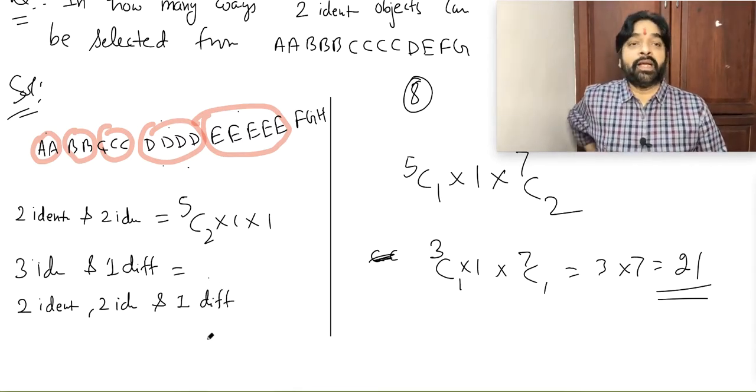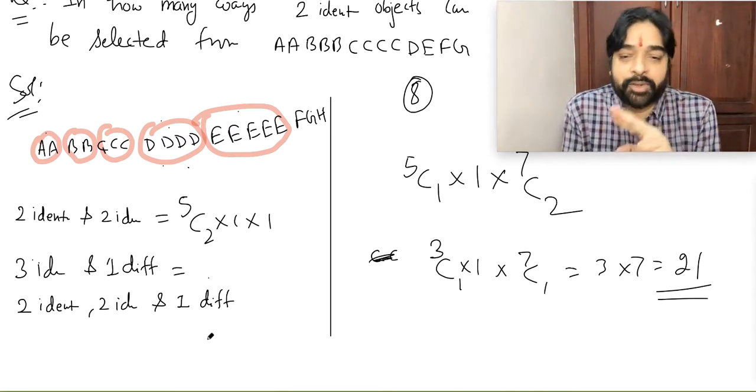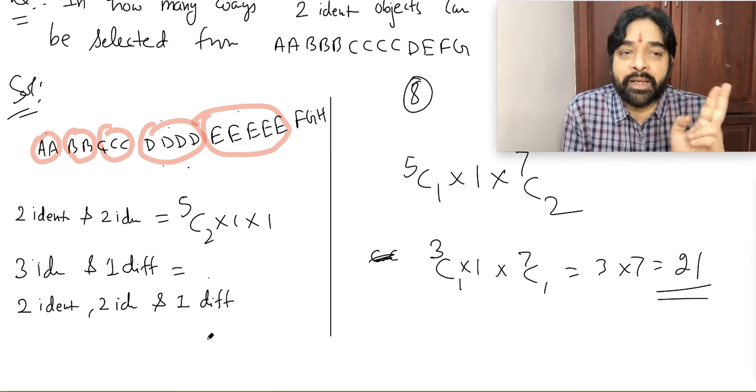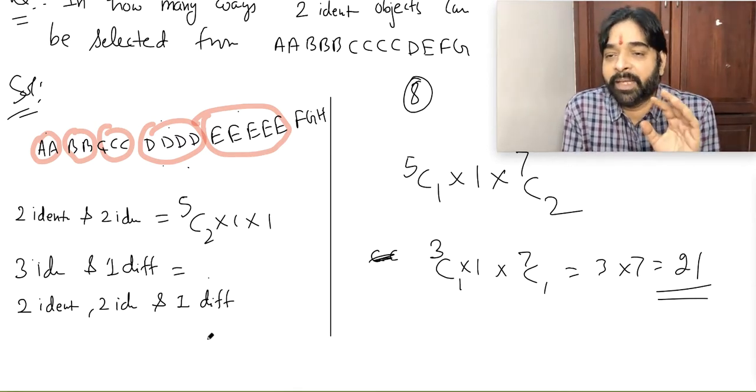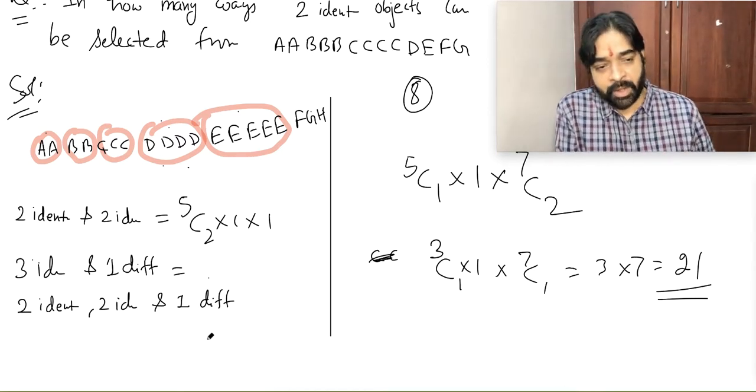Means total how many letters am I selecting? 5 letters. In that 2 identical and 1 different. Something like A, B, B and C or A, B, B, F. Anything. One should be different from everyone.